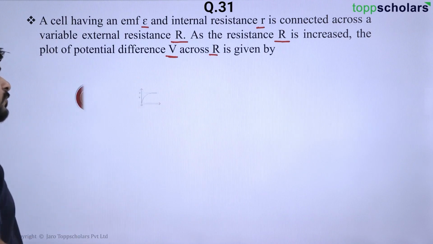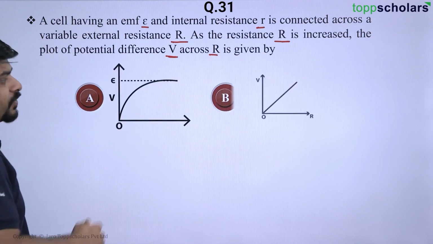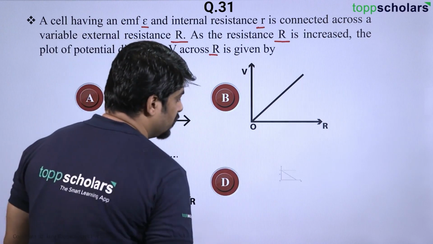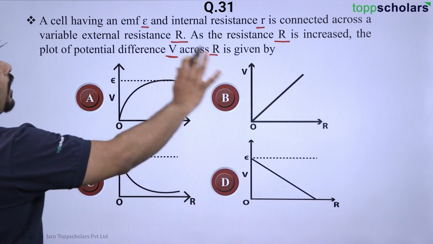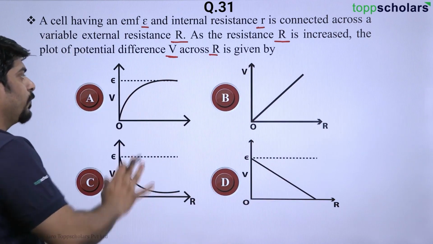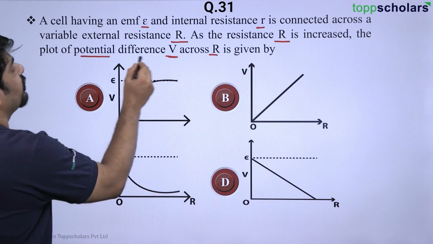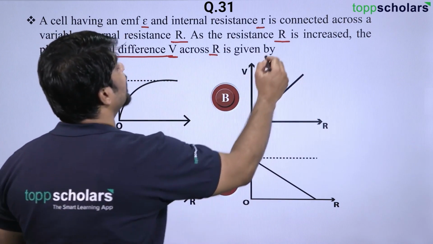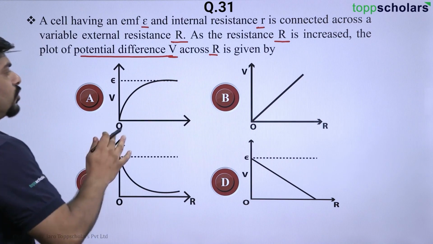Here we have some options, option A, B, C, and D. We have to identify which one of these is the correct plot for the potential difference V across R as we increase R. Let's find out.